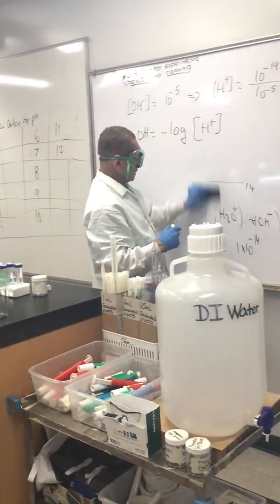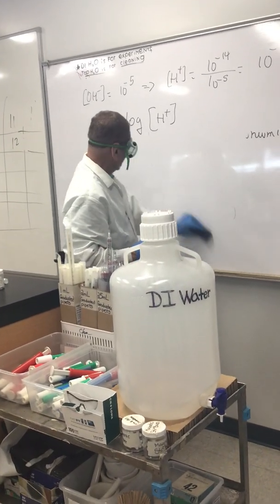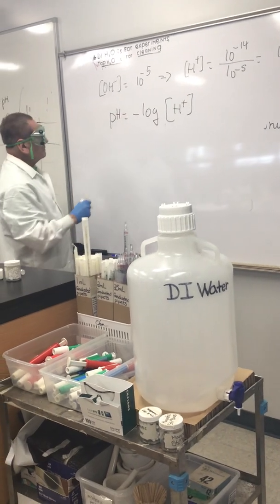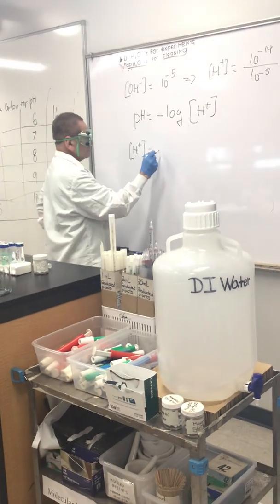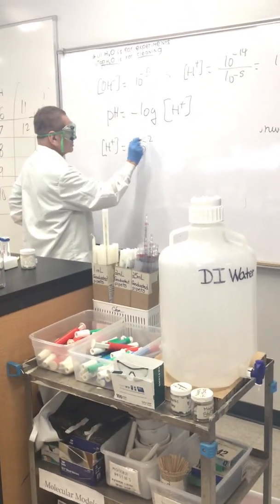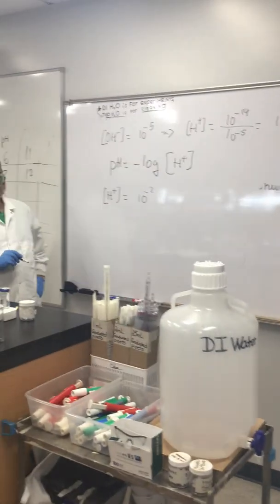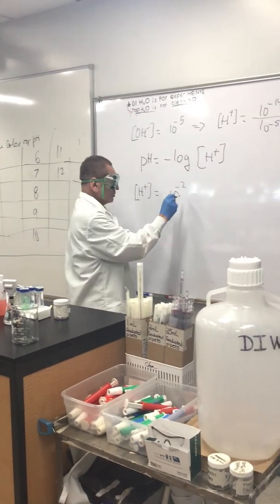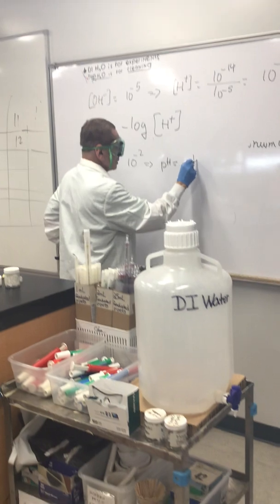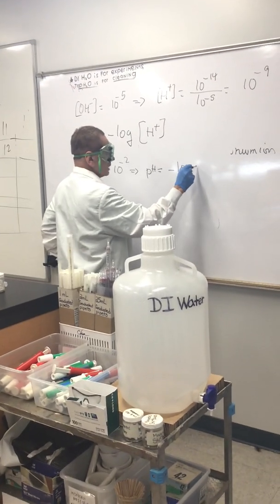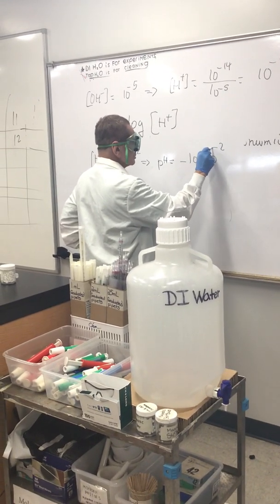So how do we calculate the pH of a solution? Very simple. If I have an H+, the concentration of an acid, which is equal to 10 to the minus 2, what is the pH of this solution? Therefore, the pH is equal to minus log the concentration of the acid, which is 10 to the minus 2.